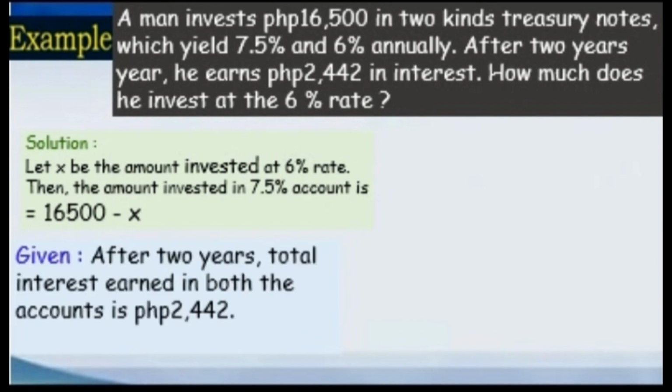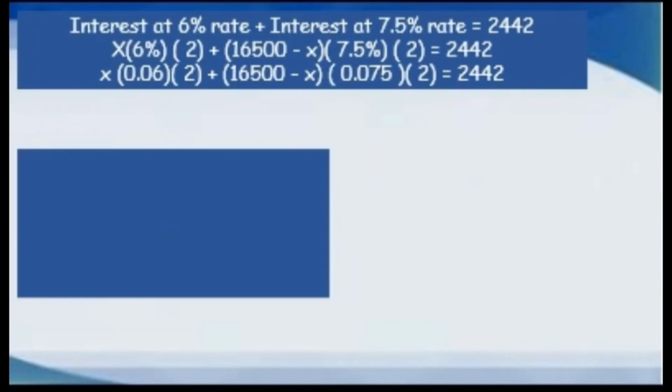So, given after 2 years, total interest earned in both accounts is 2,442. So, interest at 6% rate plus interest at 7.5% rate equals to 2,442.